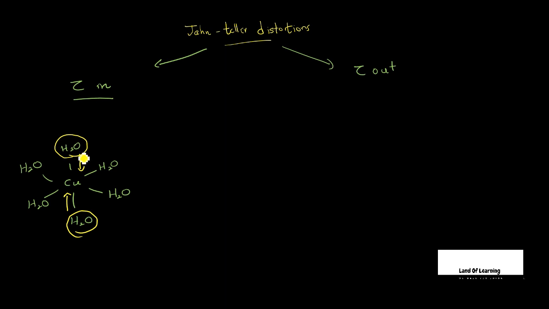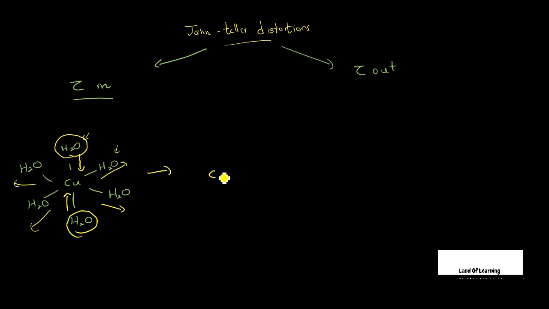When these two ligands come towards the metal center, the repulsions between these ligands and the other 4 ligands will increase. These 4 ligands have much instability due to the repulsion, because the upper and lower ligands are coming towards the metal center. Due to this effect, these two ligands are coming towards the metal center and the others are going outwards from the metal center.